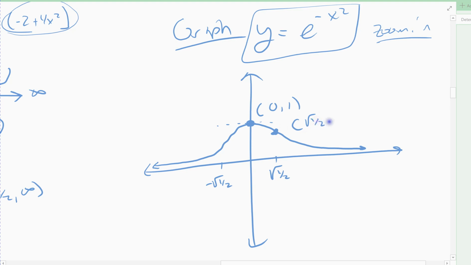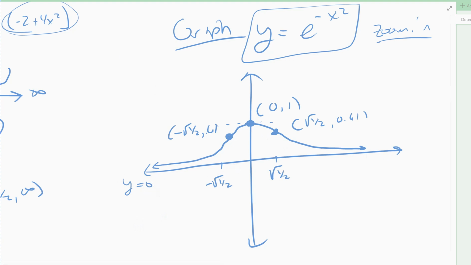So it's at square root 1/2, 0.61, and then over here, negative square root 1/2, 0.61. And this one's a little subtle. The concavity part's a little subtle. Again, the increase, decrease should be obvious. Increasing up to the 0, 1, decreasing after the 0, 1. There is an asymptote here at y equals 0. Never crosses, never negative.